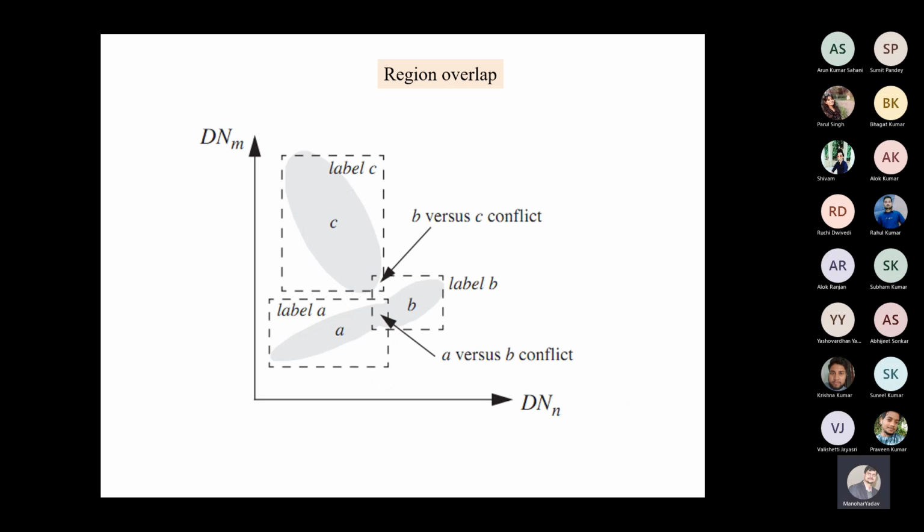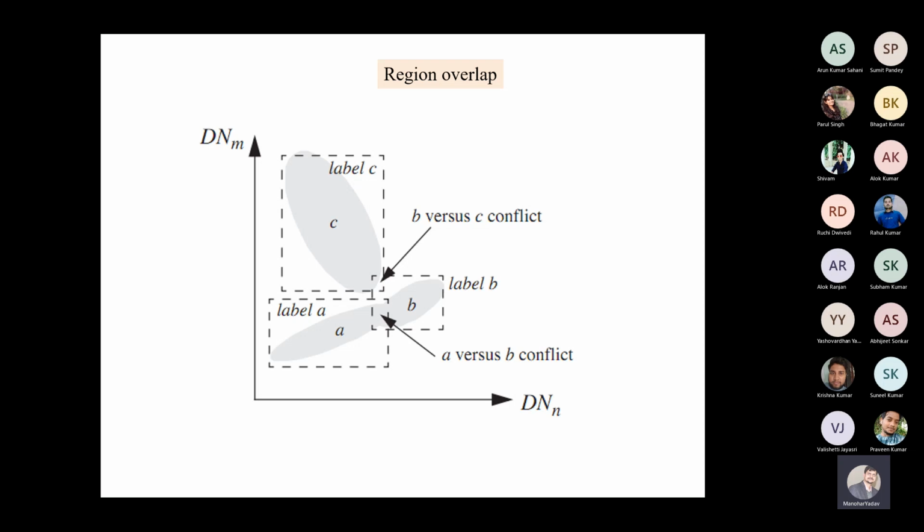But let's say if there is variance within a training sample, there is a possibility of overlap, like two parallelepipeds overlapping with each other. As you see in this case, in 2D space, the training samples are plotted for classes A, B, and C. Based on the spread of class A, the parallelepiped is over here.